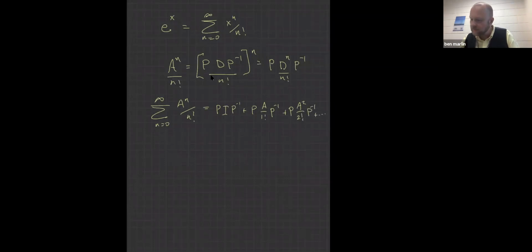Hey, look at that. All of those have a first factor of P, and all of them have an n factor of P inverse.